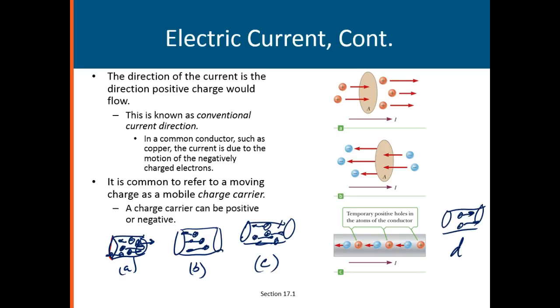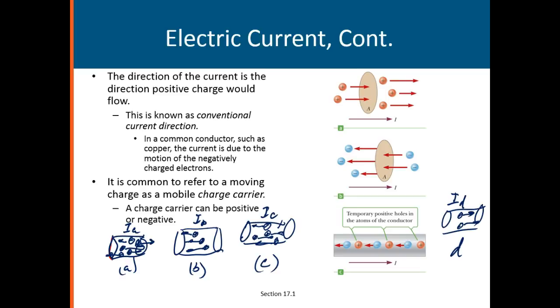Now notice they said magnitude, not sign, magnitude of the currents from lowest to highest. This would be the current I sub A, I sub B, I sub C, and I sub D. We're not messing with signs here, just magnitude of the current.